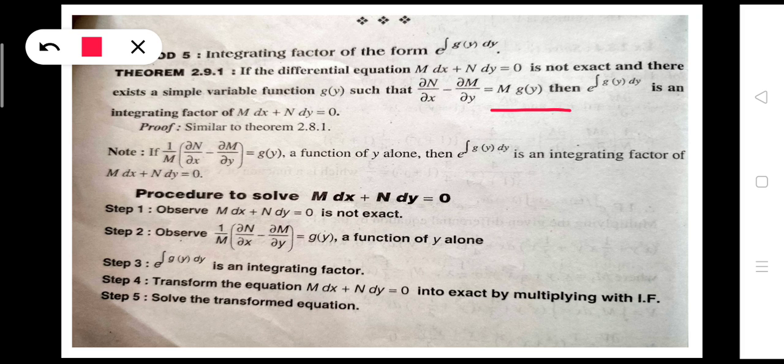Then e power integral g of y dy is an integrating factor of the form m dx plus n dy is equal to 0.